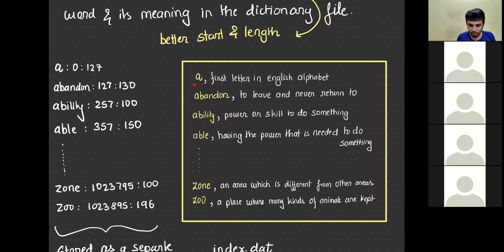My word abandon starts at offset 127 and has length 130. Then my word ability starts at 257 and has a length of 100.